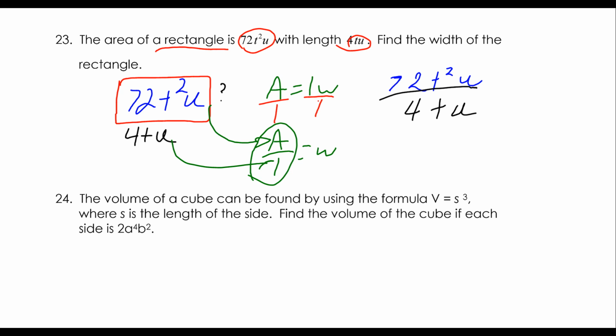And when we do this, 72 divided by 4 is going to be 18. T to the second minus 1, u to the 1 minus 1.